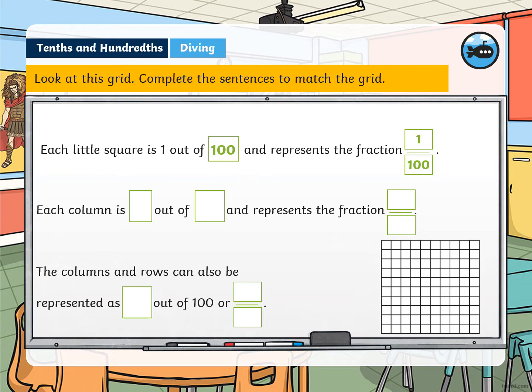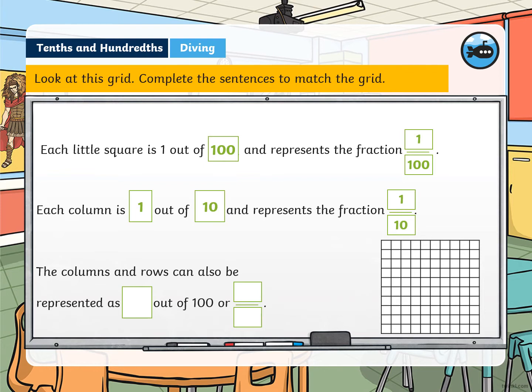Each column, so that's the up and down, is 1 out of 10 because there are 10 columns across my square. So one column is 1 out of 10 columns and represents the fraction of 1/10.